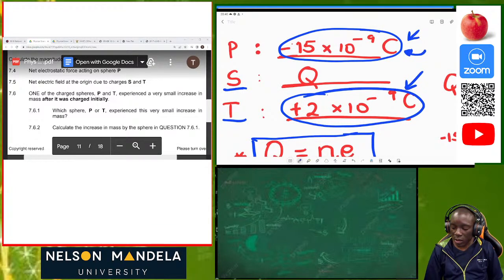So after contact, both spheres also gain mass by gaining electrons.